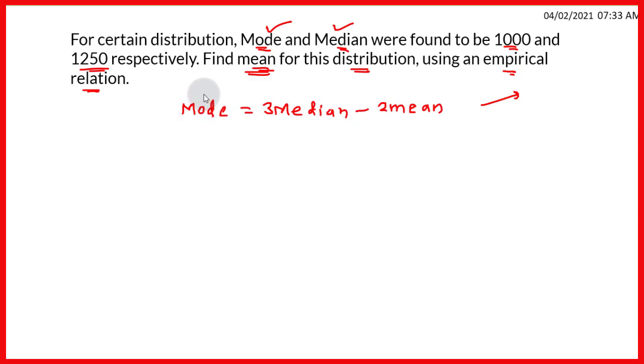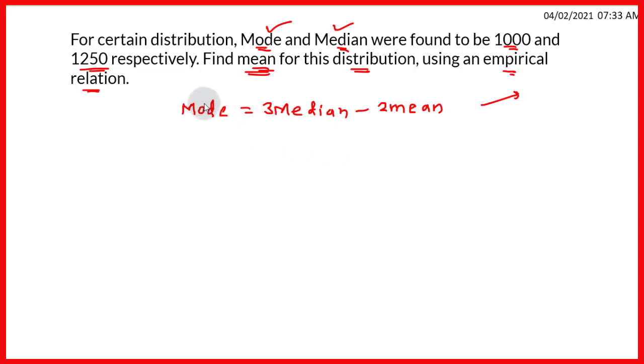Here there are three quantities: one is mode, another is median, and the third one is mean. Out of these three, any two will be given to you and you will be asked to find the third one. Sometimes in fill in the blanks or multiple choice questions, 3-4 formulas will be given to you and you will be asked to select the correct empirical formula.